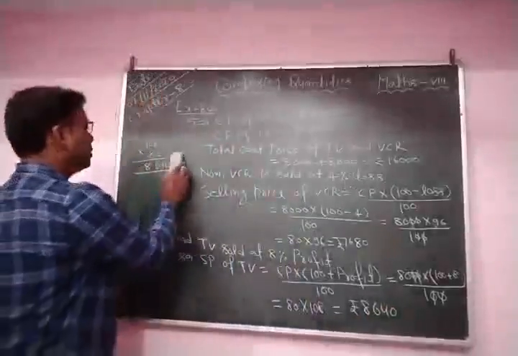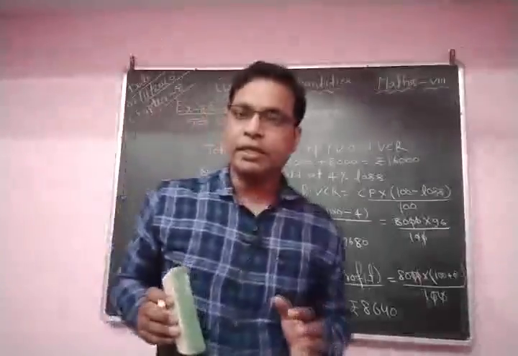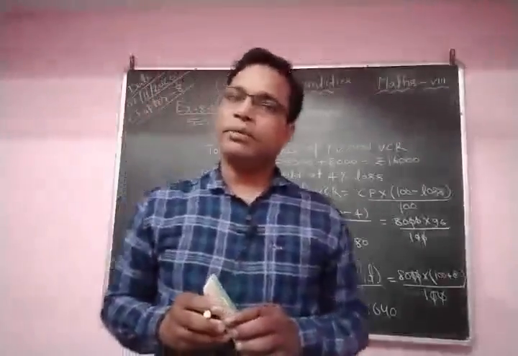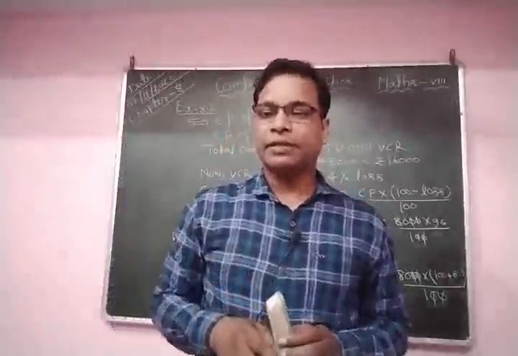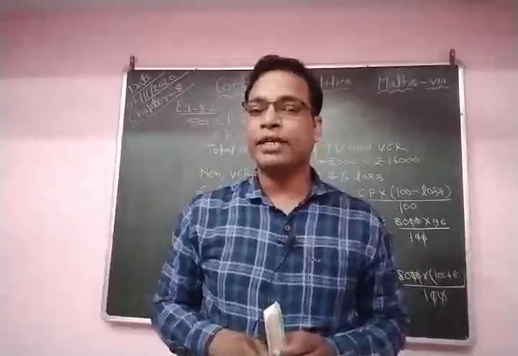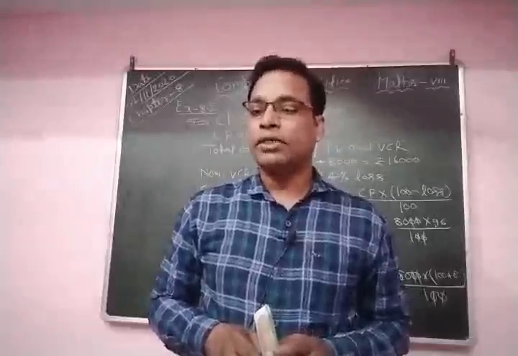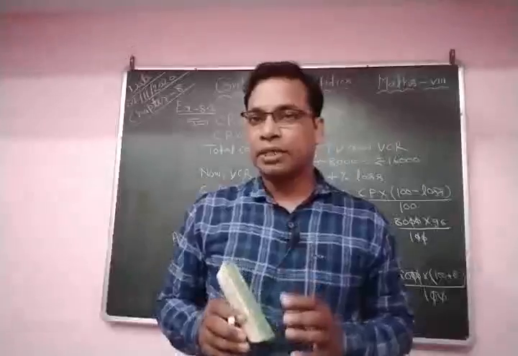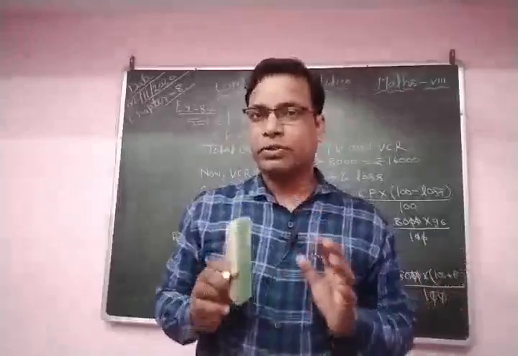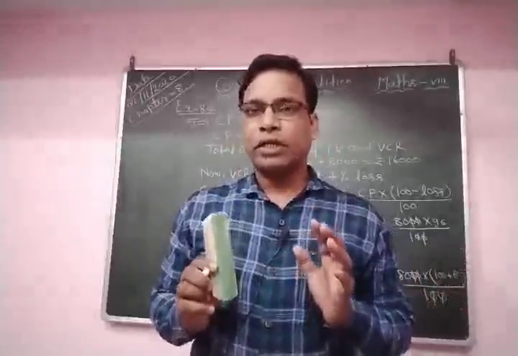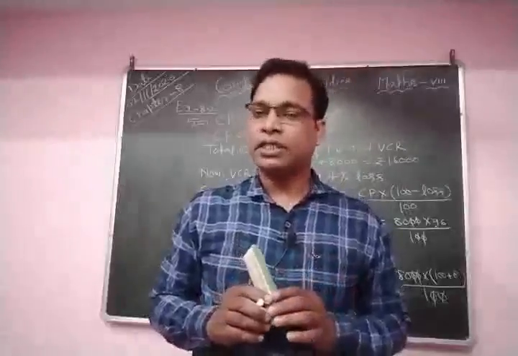So what is the total? We find here the total selling price of TV and VCR. In this question it is given that VCR and TV were bought for 8,000 each. It means the cost of TV and the cost of VCR are both 8,000. So the total cost price of TV and VCR is 8,000 plus 8,000, 16,000.